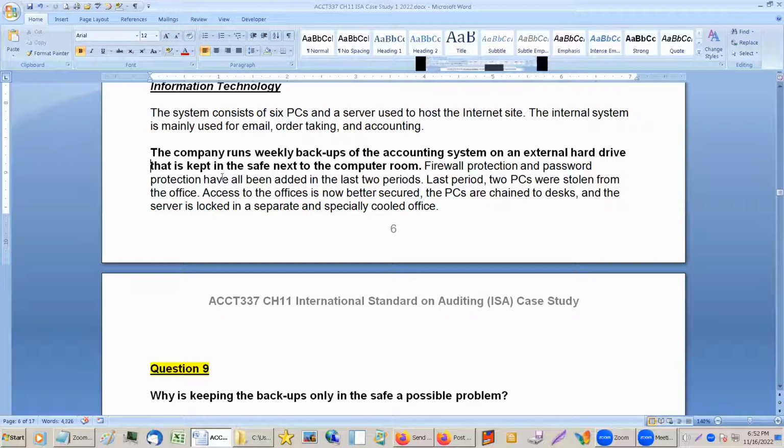Firewall protection and passwords have been added. That's good. Last period, 2 PCs were stolen from the office. Access to the office is now better secured. The PCs are chained to the desks, and the server is locked in a separate and specially cooled office. Okay.